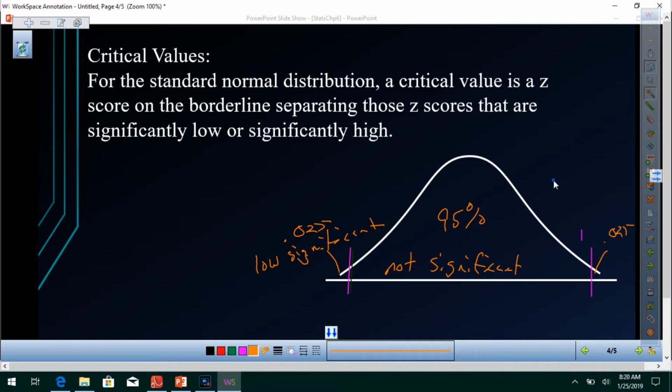And over here would be high significance. And then this would be 95%.